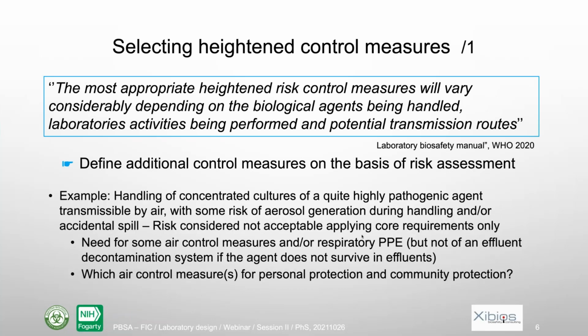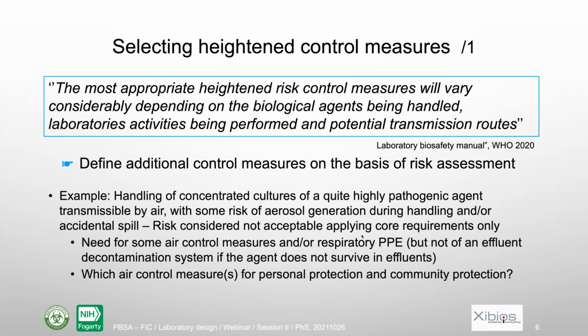I will take an example to illustrate this selection of higher control measures. It's about the handling of concentrated culture of a quite high pathogen, which is transmissible by air. And during the activities of handling, there is some risk of aerosol generation, either during normal handling or in case of an accidental spill.